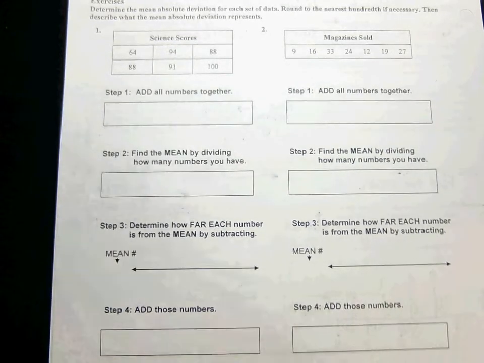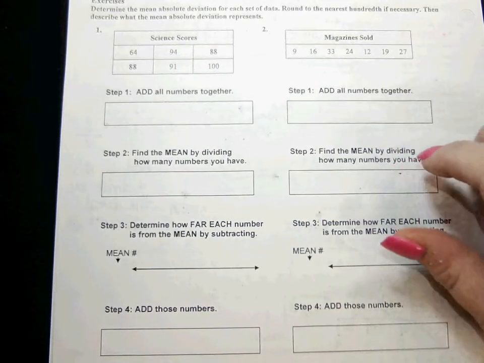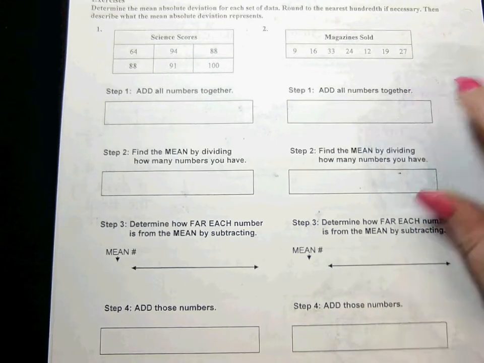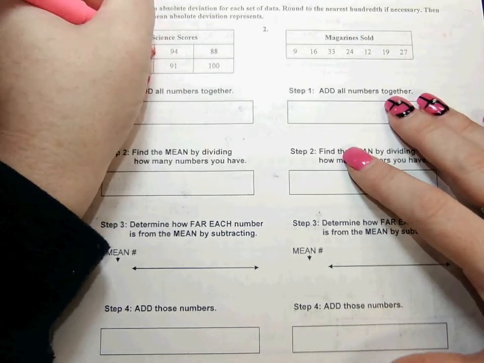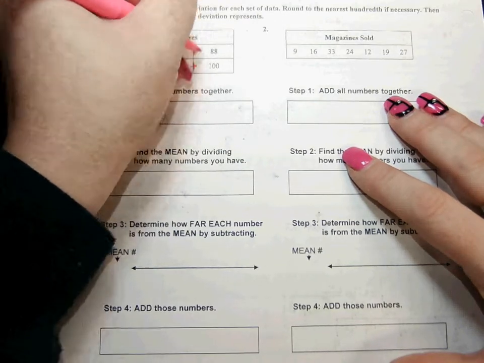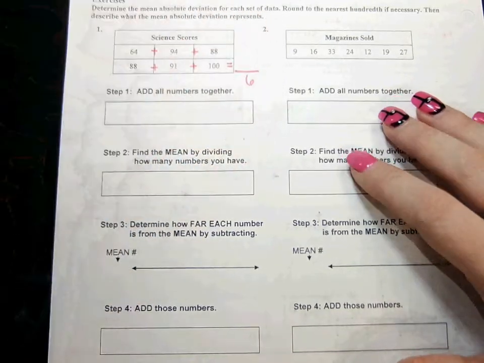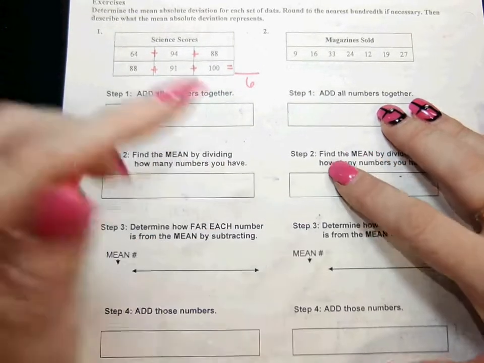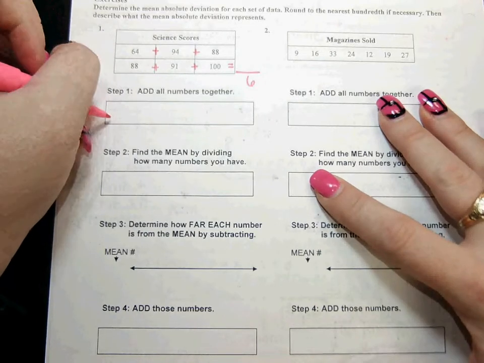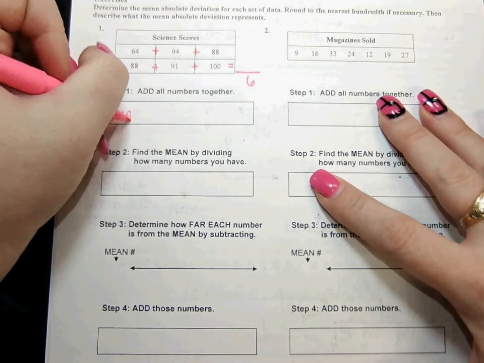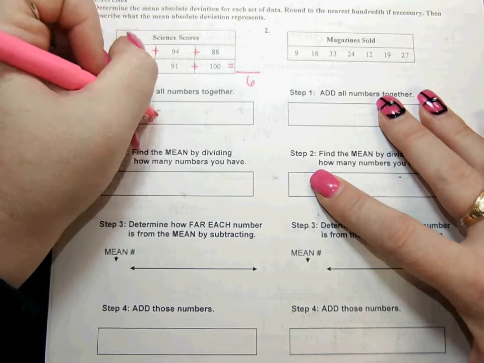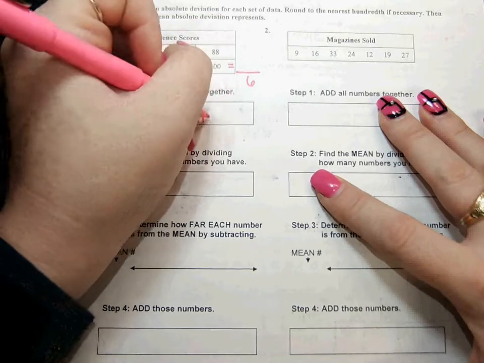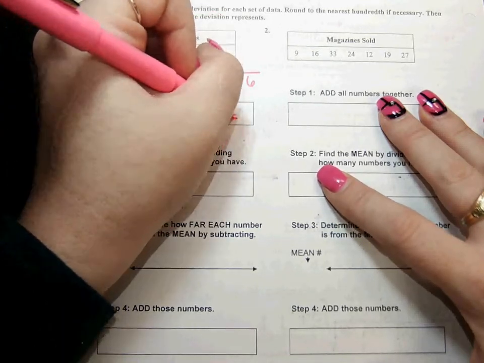All right, so number 1. How many numbers do I have in that box? Well, 6. So I'm automatically just going to say this. And it says add all the numbers together. So I have 64 plus 94 plus 88 plus 88 plus 91 plus 100 equals what?